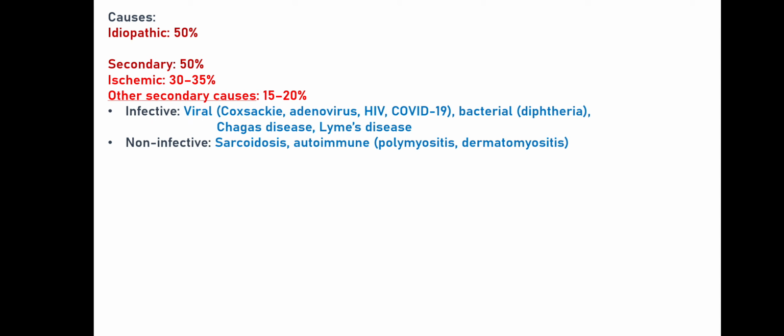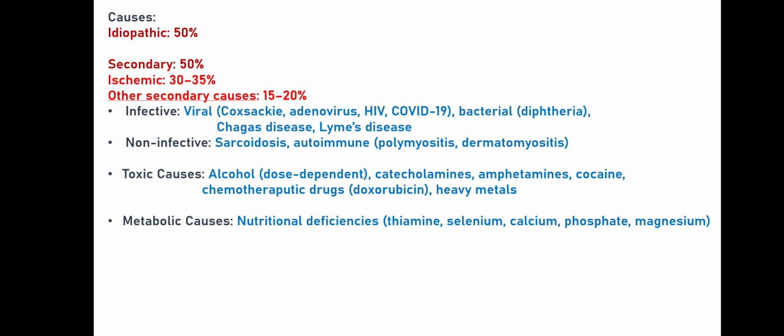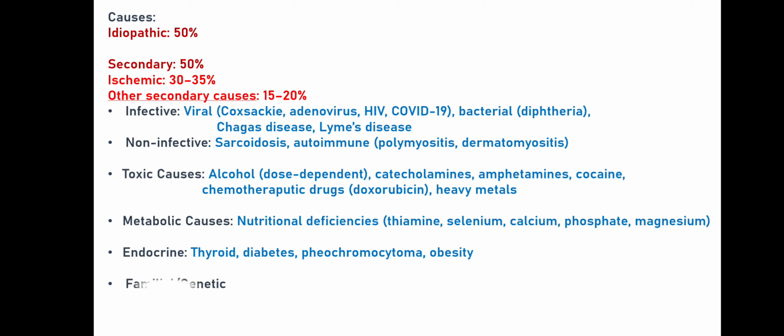Non-infective: sarcoidosis, autoimmune, polymyositis, dermatomyositis. Toxic causes: alcohol, which is dose dependent, catecholamine, amphetamine, cocaine, chemotherapeutic drugs like doxorubicin, heavy metals. Metabolic causes: nutritional deficiency like thiamine, selenium, calcium, phosphate, and magnesium. Endocrine causes: thyroid disorder, diabetes, pheochromocytoma, and obesity.